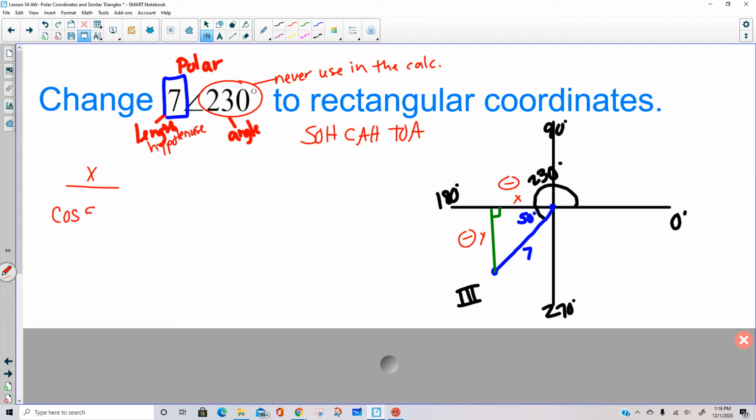The cosine of 50 degrees is adjacent x over hypotenuse 7. Let's set up y real quick. y is the opposite side of the 50-degree angle. So that indicates the sine. So we say the sine of 50 degrees is the ratio opposite over hypotenuse, y over 7.